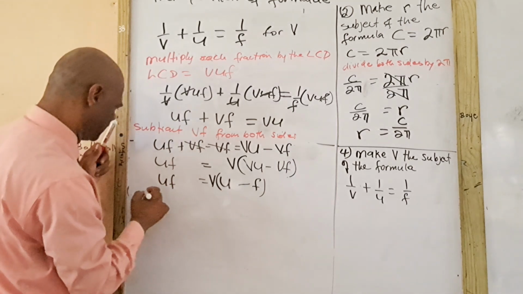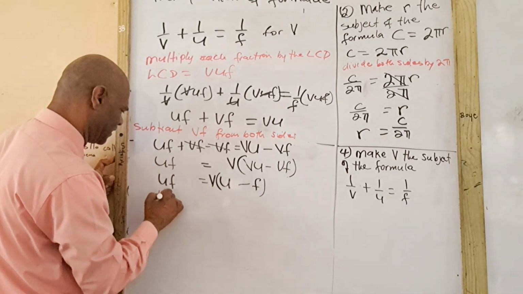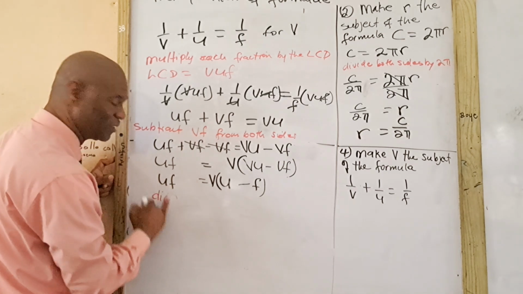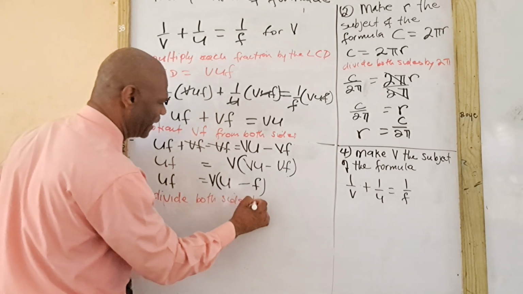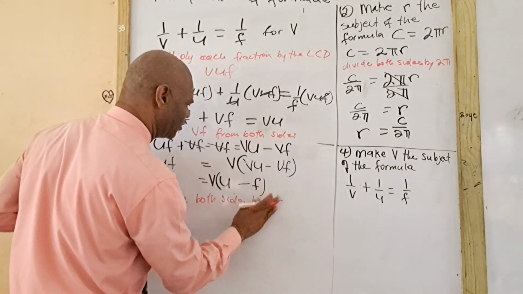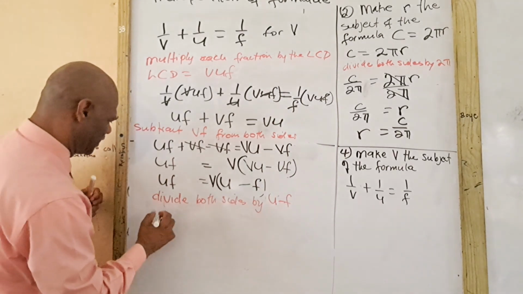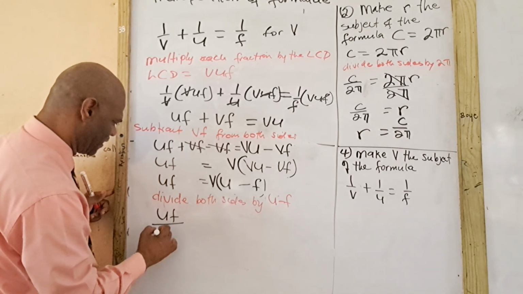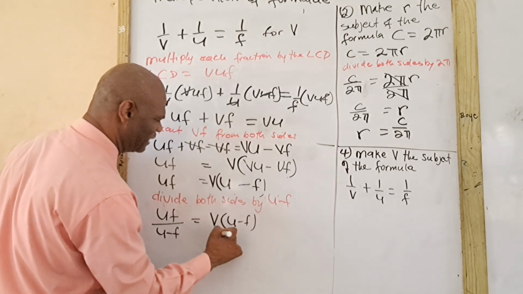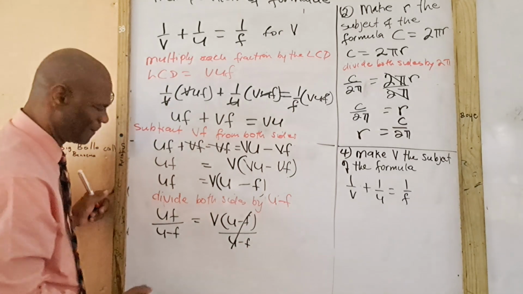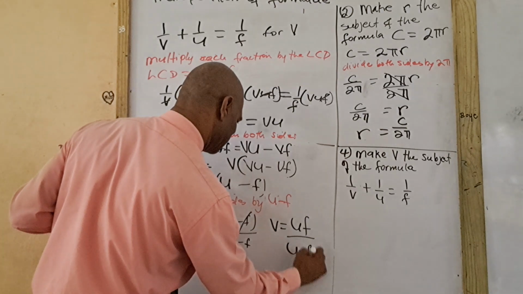So now, as we have V times U minus F, we divide both sides by U minus F. And then that will give us UF divided by U minus F equals V, open bracket, U minus F, divided by U minus F. This cancels, so we are left with V equals UF over U minus F. That's where we are.